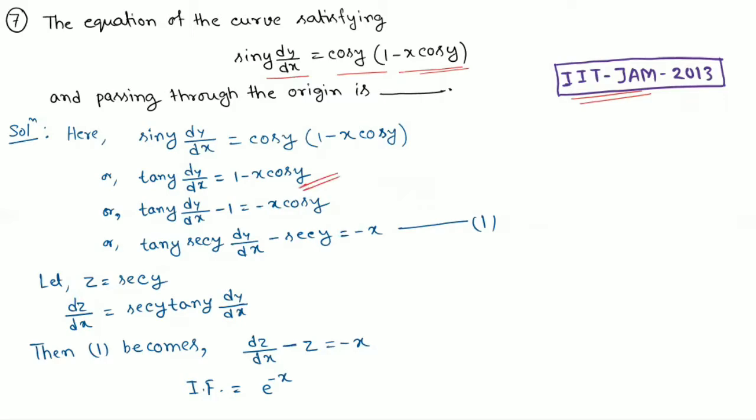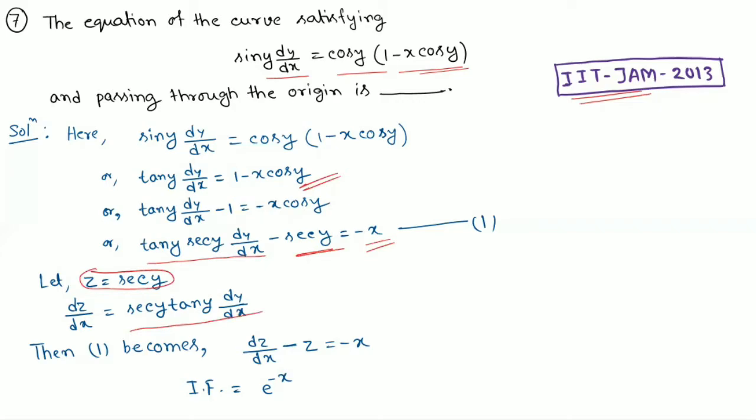Then simplifying this equation, we get tan y sec y dy dx minus sec y equals to minus x. Now here, this is tan y sec y dy dx. This is minus sec y. Now if we put z equals to sec y, then we get dz dx equals to sec y tan y dy dx.